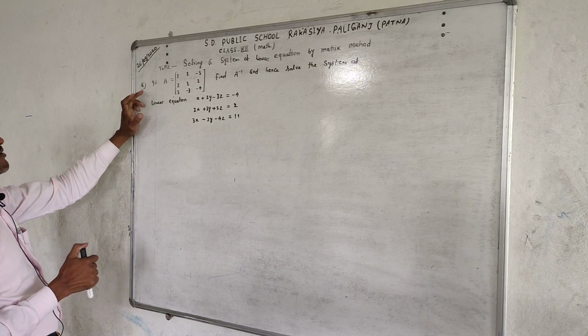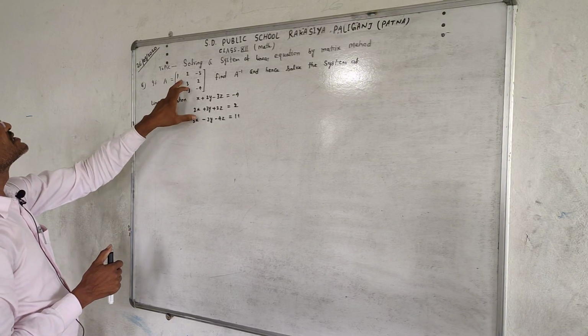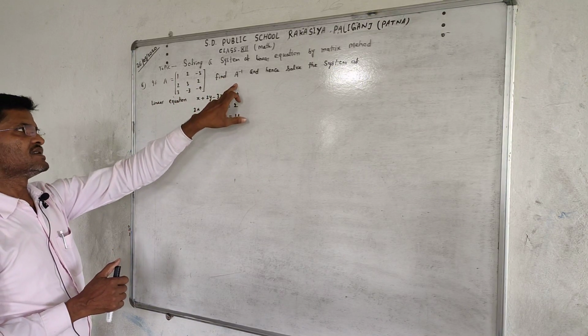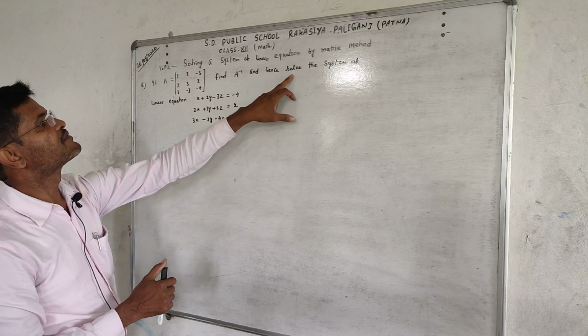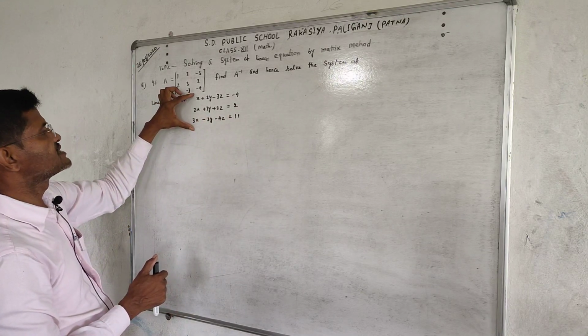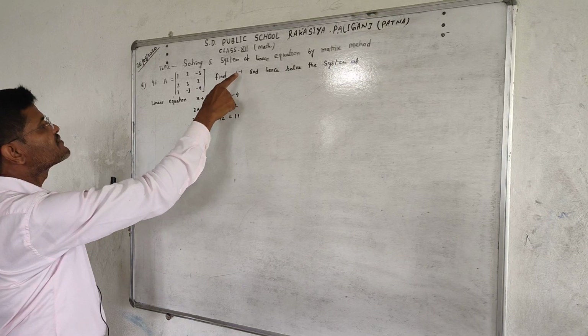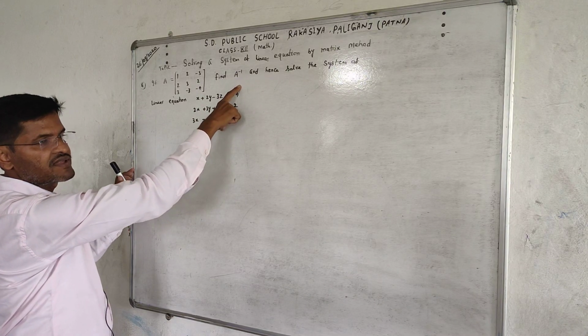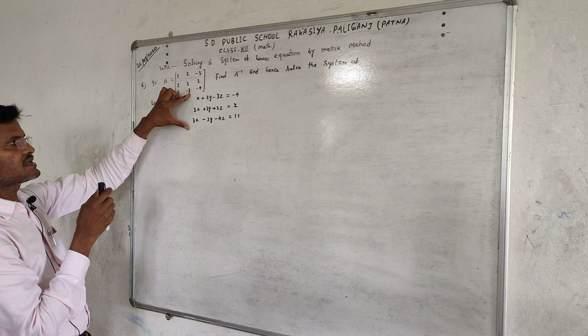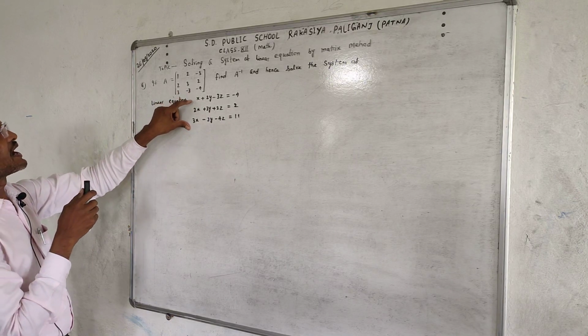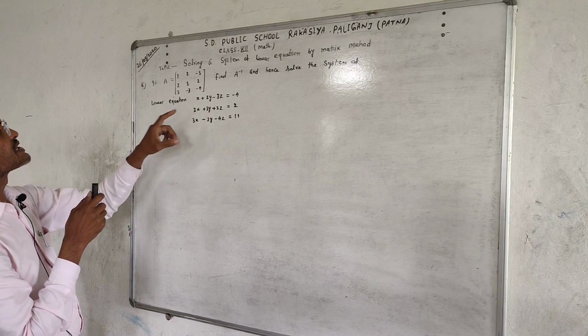In this problem, matrix A is given and we have to find A inverse, and hence solve the system of equations. By using A inverse we have to solve the system of equations. Here three equations are in the system, and all three equations are based on the three variables x, y and z.